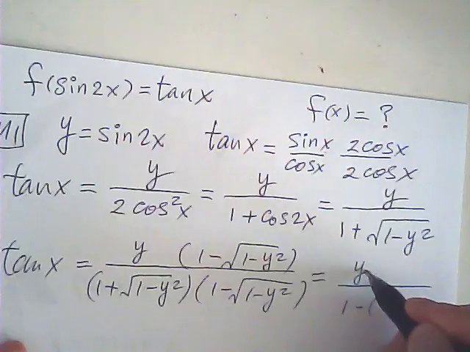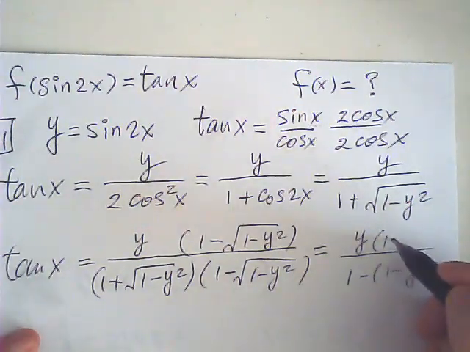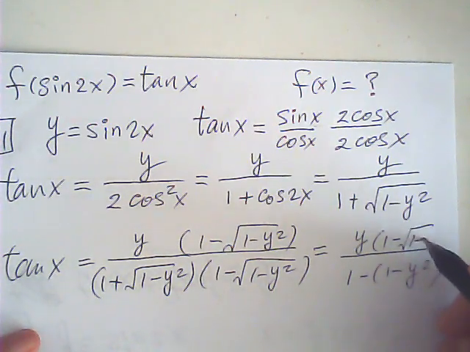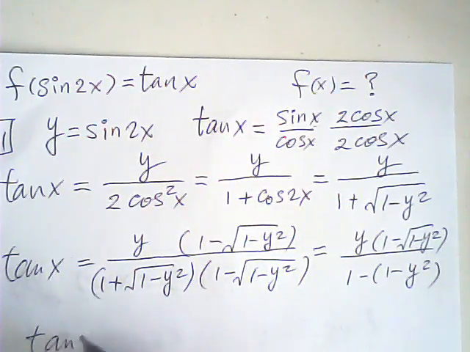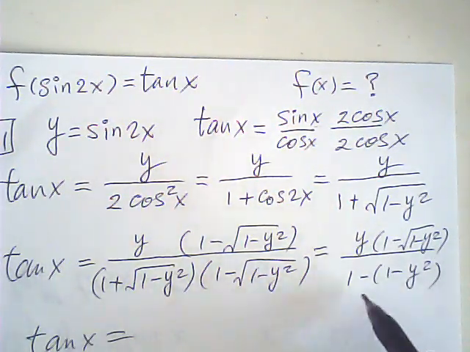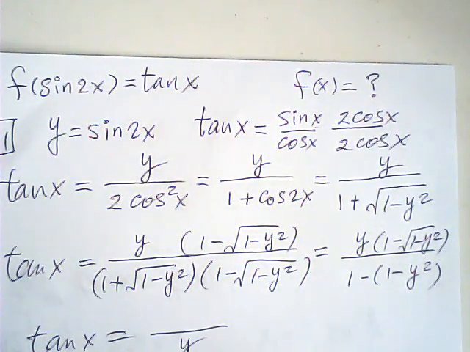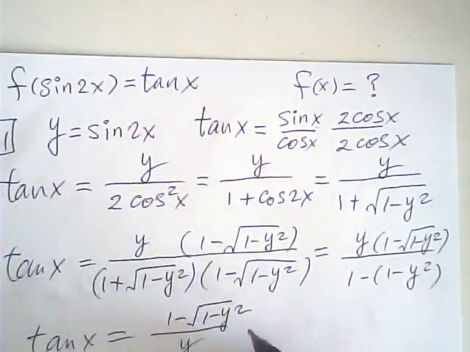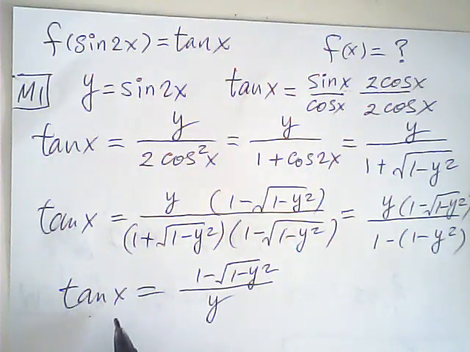And y times the square root of 1 minus y squared. And the tangent x is equal to, this will be y squared. So cancel, this is left of y, and 1 minus y squared. So that is tangent y. That is tangent x, sorry. Yeah.